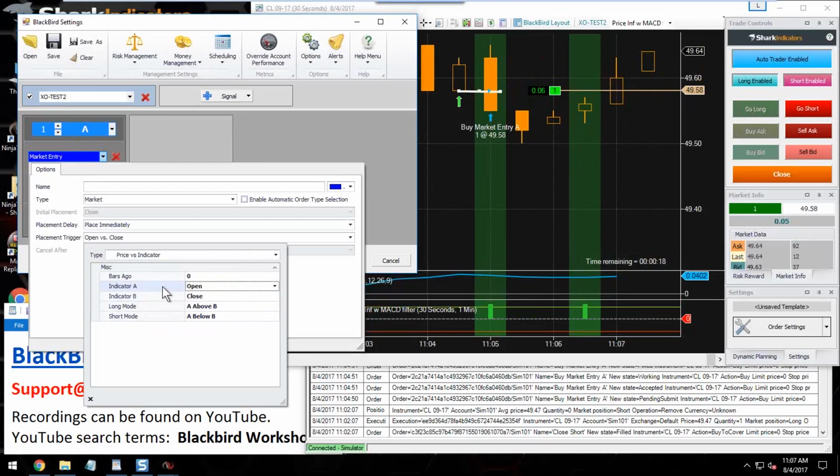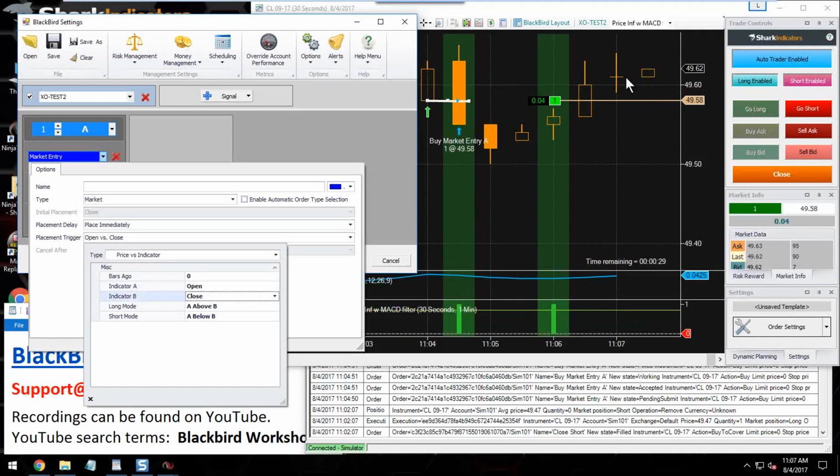Remember, for NinjaTrader, the close is also whatever the last price was. The last price and the close are one and the same on the live bar that's building.